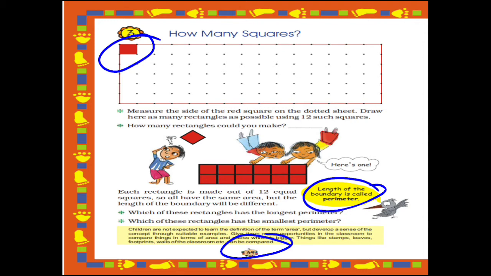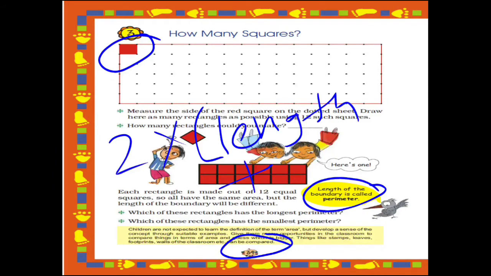And then I told you the formula for finding the perimeter of a rectangle. The formula is 2 into (length plus breadth), right? And I also told you the formula for finding the perimeter of a square.